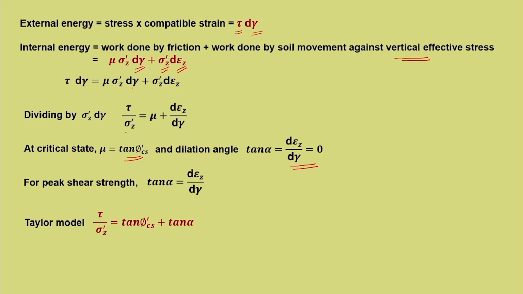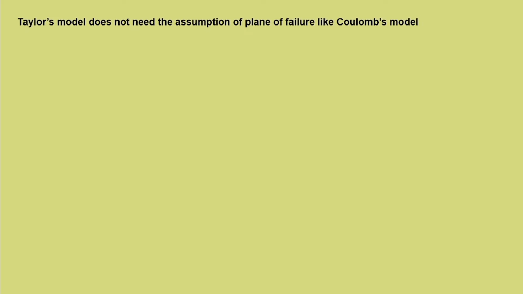So, tau divided by sigma dash z, which is written here, is equal to tan phi dash Cs, which is the component of critical state or the fundamental aspect, plus the dilation aspect. Now, what has happened? We have split these two, instead of phi dash Cs plus alpha in the Coulomb's model. So, Taylor model does not need the assumption of plane of failure like Coulomb's model.